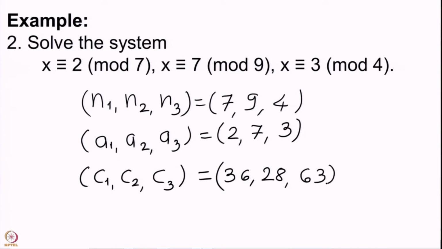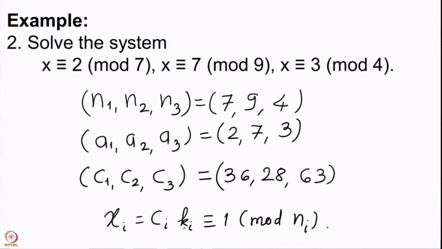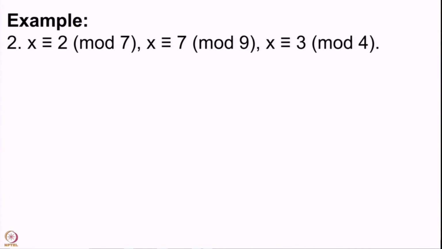So, now we want to solve for xi to be Ci Ki congruent to 1 mod Ni. This is the solution. So, we need to solve for the k. So, we go to the next slide, but remember we have 36, 28 and 63 as the Ci.